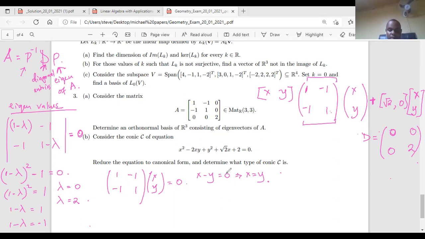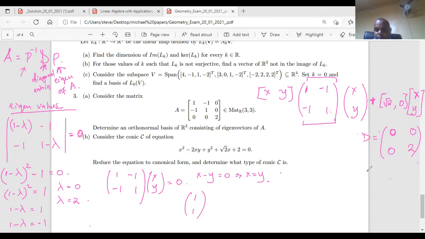How do I know the value? So it's just 1. If I say x equals 1, then it's 1, 1.